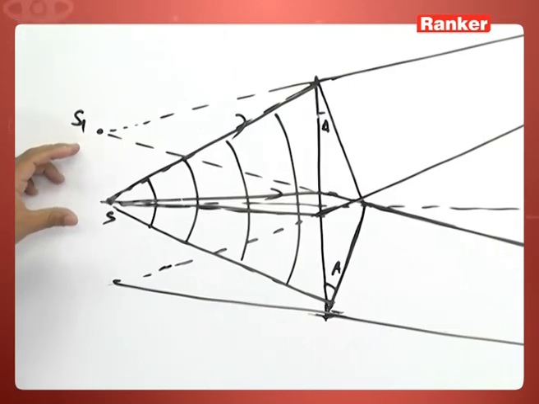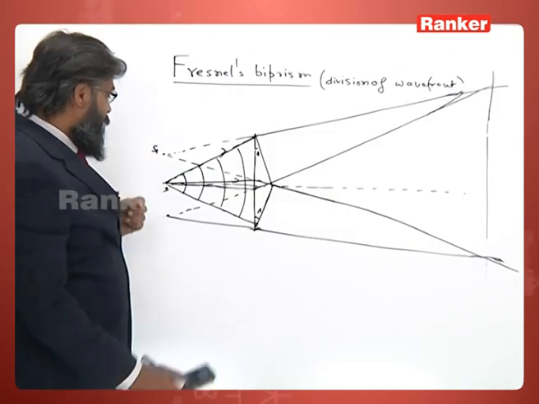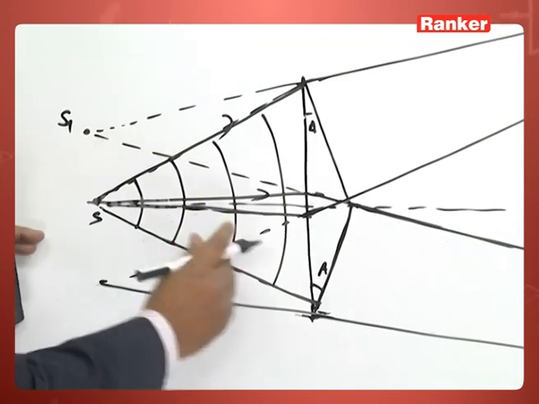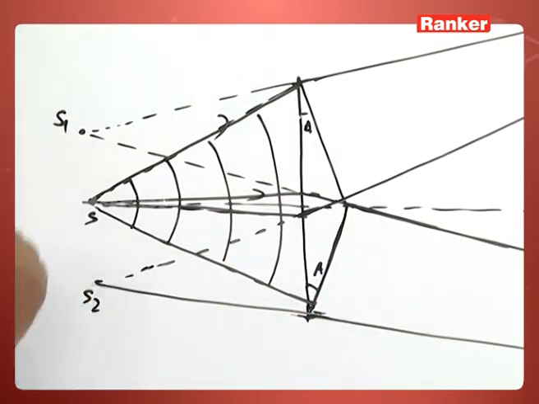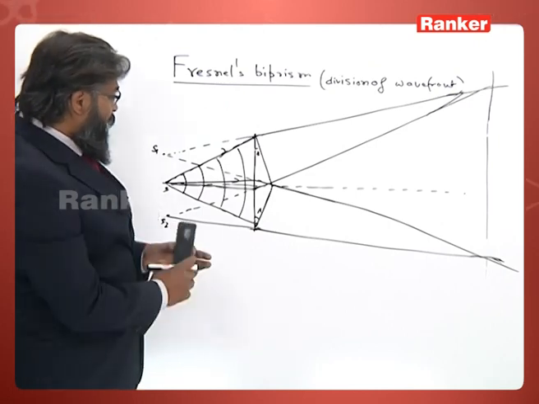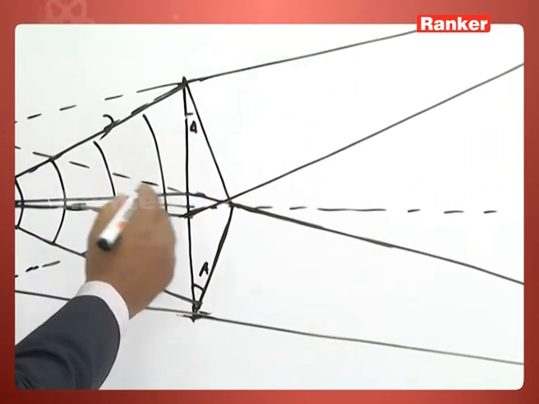This virtual image of S as S1 acts as one slit, and the waves refracted from the lower half form a virtual image S2, and these two wavefronts interfere.